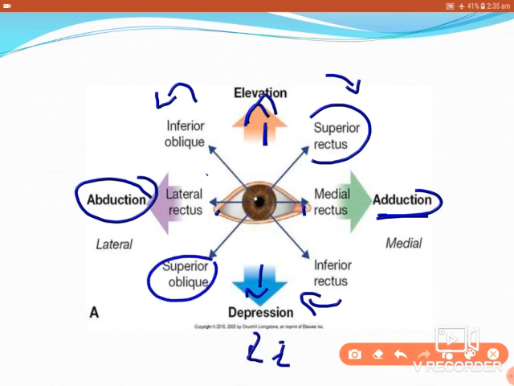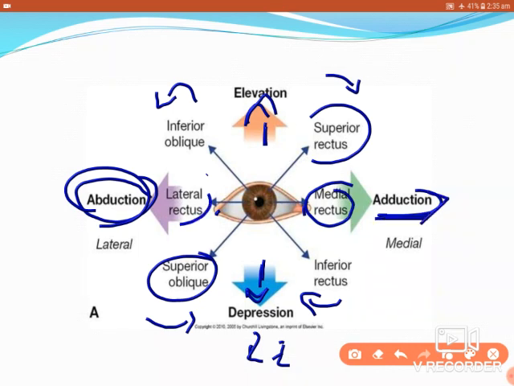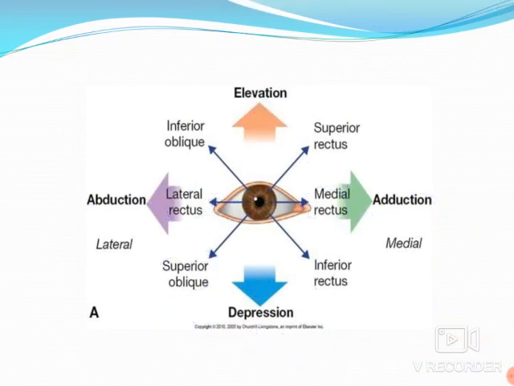Superior oblique produces depression, then intorsion, then also abduction. This is the medial rectus, its contraction produces only adduction. Lateral rectus, its contraction produces only abduction. Okay. So these are the actions of these muscles.